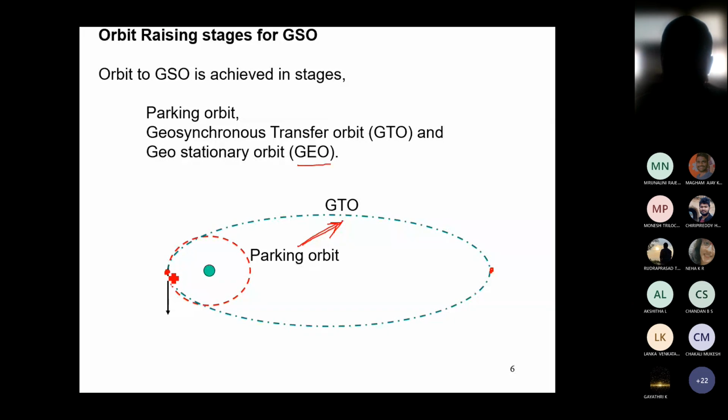But when the satellite moves in this path and reaches here, we cannot say it is in GT orbit; we have to say it is in parking orbit. If the satellite moves here, then we can say it is in GT orbit, not in the parking orbit. But at this location, we cannot say whether the satellite is in parking orbit or GT orbit. So this is a common point.